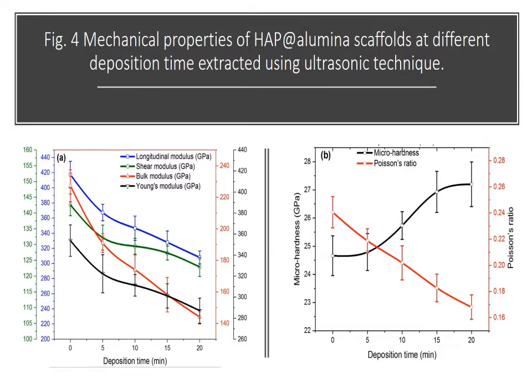Therefore, it could be expected that increasing hydroxyapatite content in alumina may enhance corrosion resistance as well as mechanical performance. The Poisson ratio was changed from 0.24 to 0.17 with increasing the deposition time.